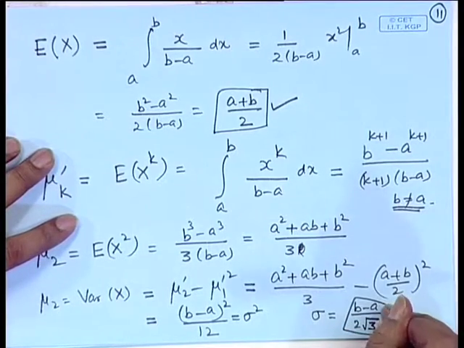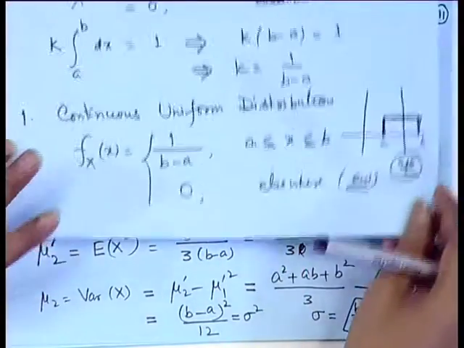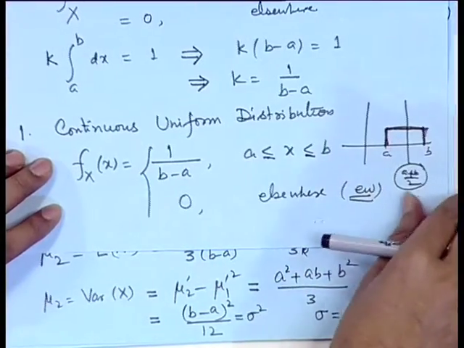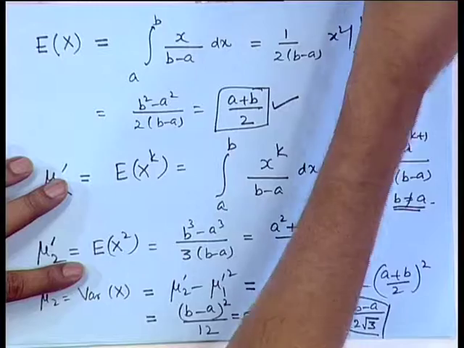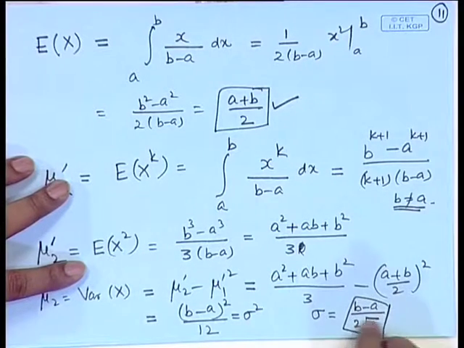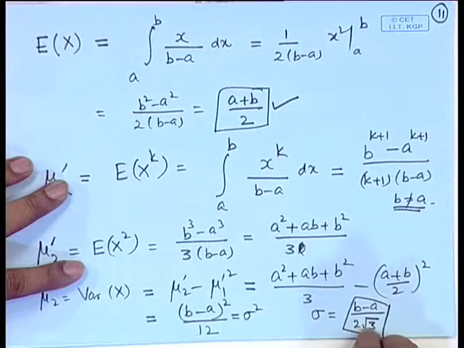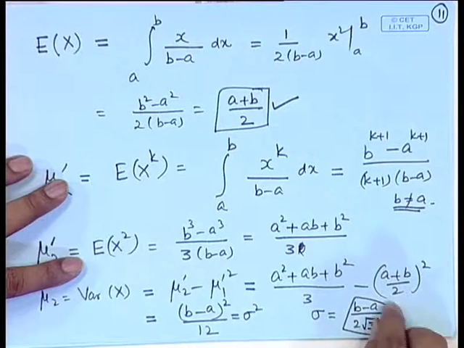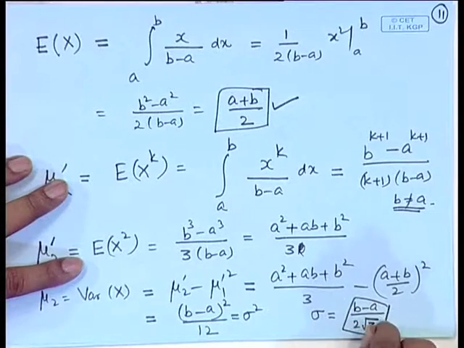So, you can see here the range of the distribution is b minus a, and the variability is b minus a divided by 2 root 3, which is much less, because 2 into root 3 is 3.46, so this becomes b minus a divided by about 3.4. So, this is much smaller than the range, and it is because of the uniformity that the variability is much smaller.